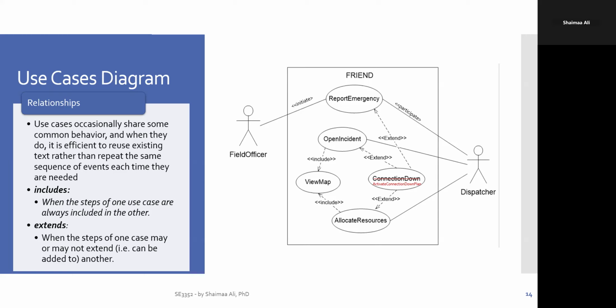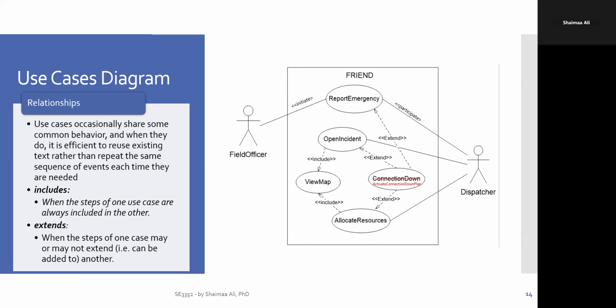So when you say a use case includes another use case, it means all the steps in the included use case are part of achieving the goal of this use case, always. They are an essential part of it. When you say extend, you see the arrows going in the other direction, it means this use case extends the other use case, which means that it may or may not be included.